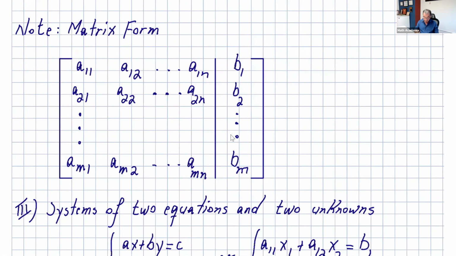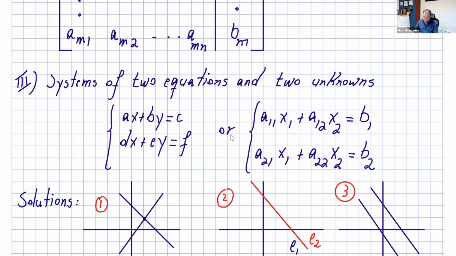So a11, a12, dot dot dot, a1n, and so on, a21, a22, dot dot dot, a2n, till the last line is am1, am2, amn. And of course, the constant matrix is an m by 1 matrix because we have m rows and 1 column.